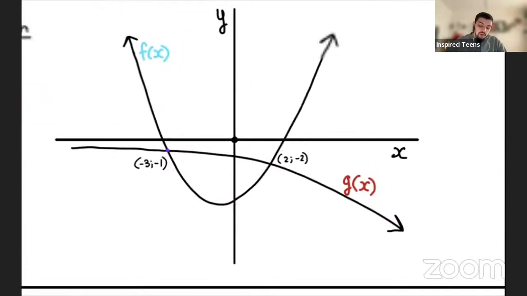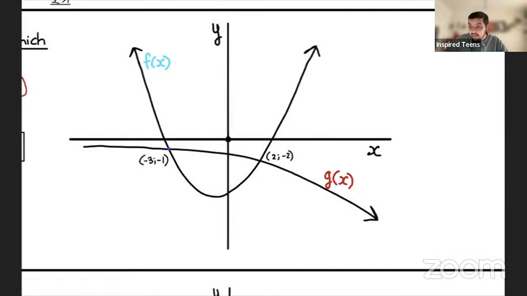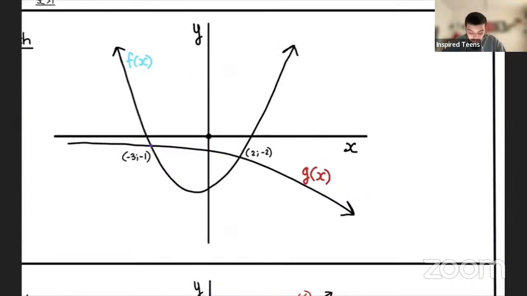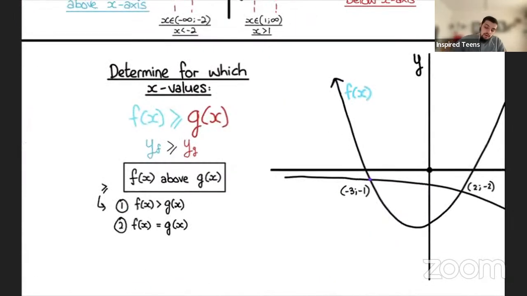So now we go to the graph and highlight the part of the graph for which that's true. This is again technically the easy part. So we're going to look for the parts of the graph where f of x is above g of x.